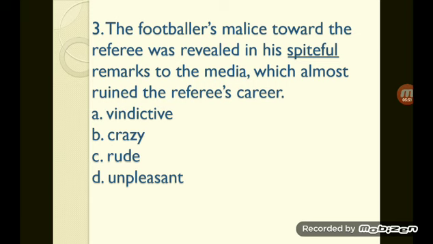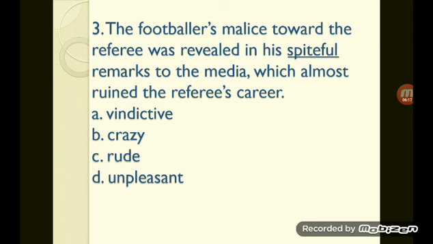Third sentence: the footballer's malice, malice means ill will, toward the referee was revealed in his spiteful remarks to the media, which almost ruined the referee's career. Now, spiteful remarks ruined the career. That means the remarks were not pleasant.